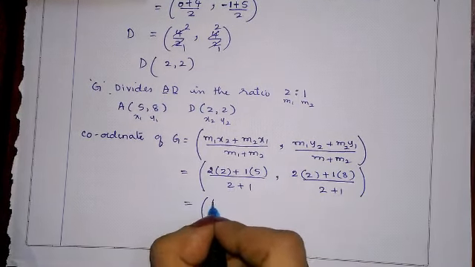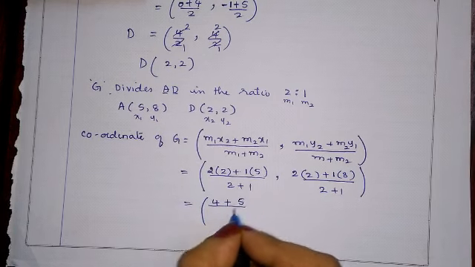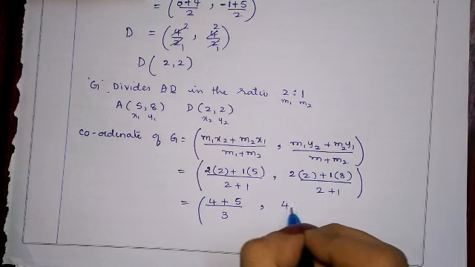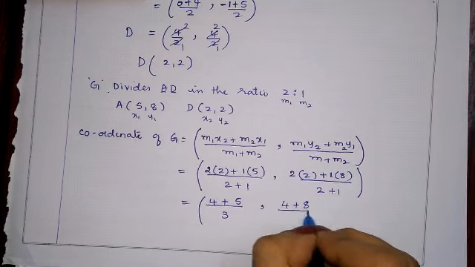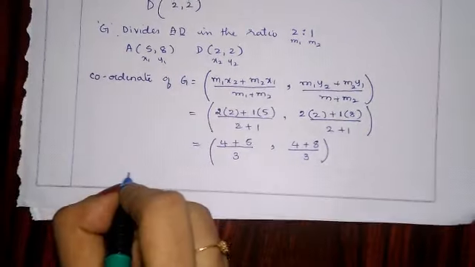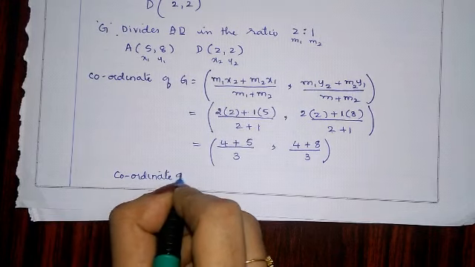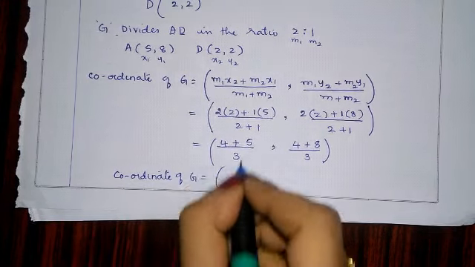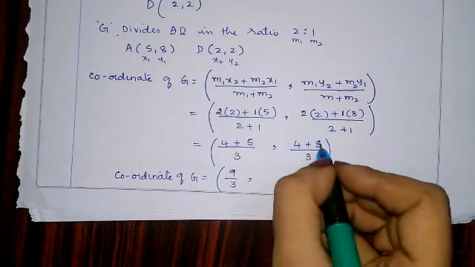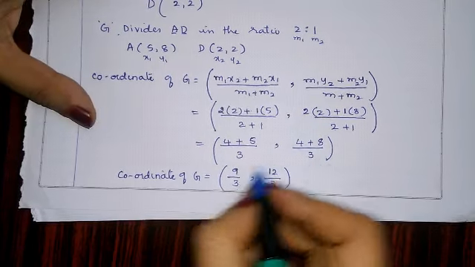So 2 twos are 4, plus 5, which is 9, by 3, comma, 2 twos are 4 plus 8 is 12, by 3.